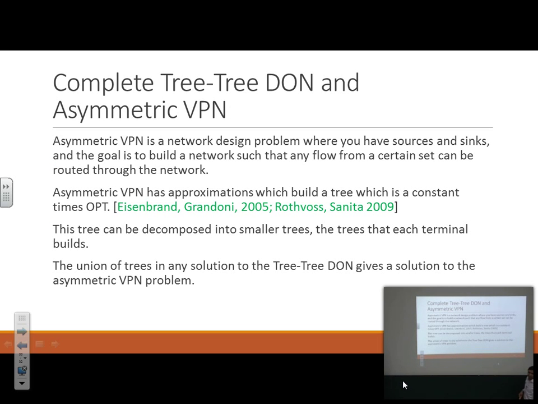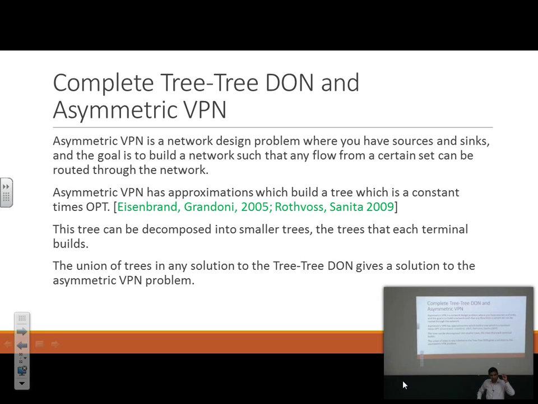Here's finally the relation between the tree problem and the asymmetric VPN problem. Now, some of you here are experts in asymmetric VPN. For the others, let me just tell you what the problem is. In asymmetric VPN, it's asymmetric because there are publishers and subscribers, in my terminology. The publishers are the guys who want to send outflow, and subscribers are the guys who want to take inflow.